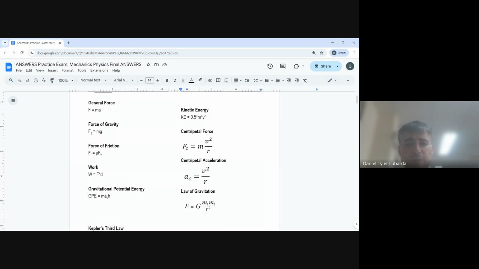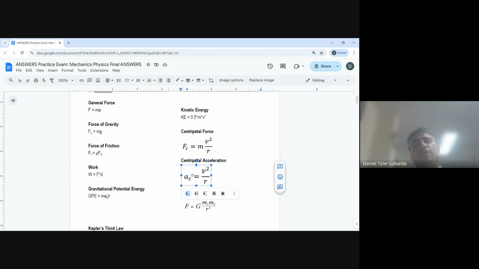Now, next we have centripetal force, and this is a force pointing towards the center. So in circular motion, you need a force pointing towards the center to keep it going in circular motion. But let's actually start with centripetal acceleration.